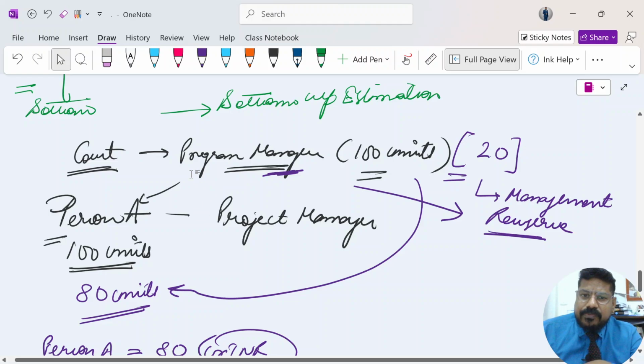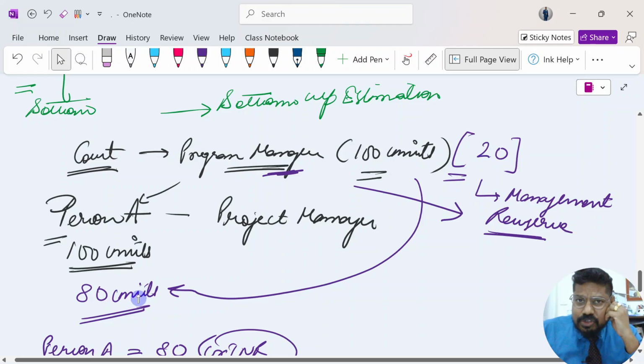Okay, what I was explaining is that let's say there is person A who is a project manager. The program manager has allocated 100 crores for this project, but will not release all the 100 to the project manager. He will keep 20 to himself and release only 80.